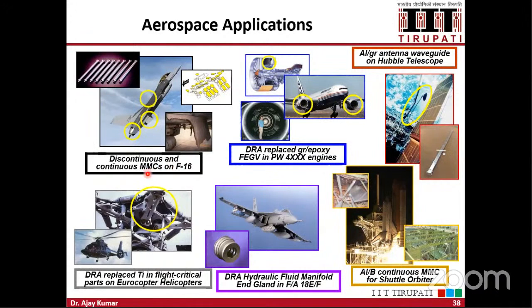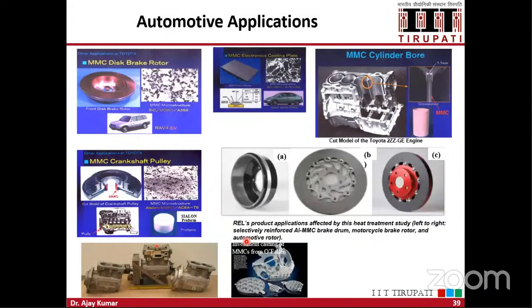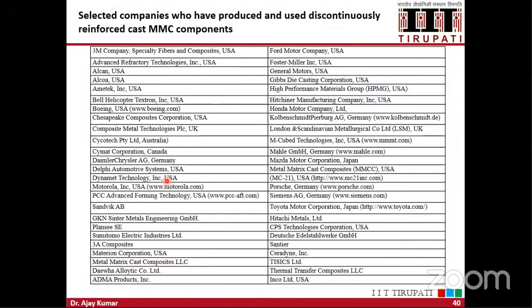Discontinuous and continuous MMCs are being used in the F16. Then this is an example of automotive applications in different brake rotors. Electronic applications also, some of these components are being used. In cylinder bore also these components can be used, and in crankshaft. So these are some of the applications in automotives.